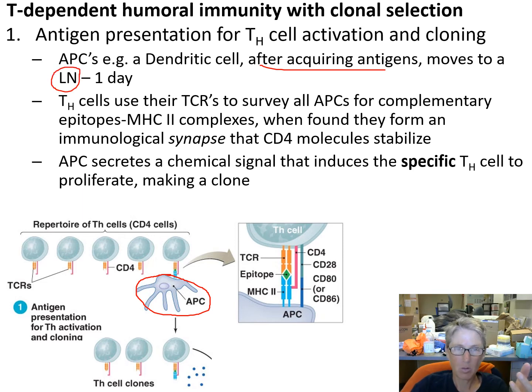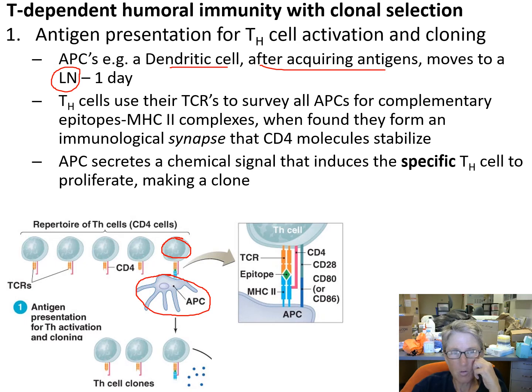So what it's not showing in this cartoon, what they mean by this is this dendritic cell was living in the skin. Toll-like receptors in the cell membrane recognized PAMPs on a microbe, for example, a bacteria, took it inside, chopped it up, and put a piece of the antigen epitope from that bacteria in its MHC2 complex, and then went to a lymph node to find a helper T cell with a T cell receptor that could specifically recognize this epitope MHC2 complex.